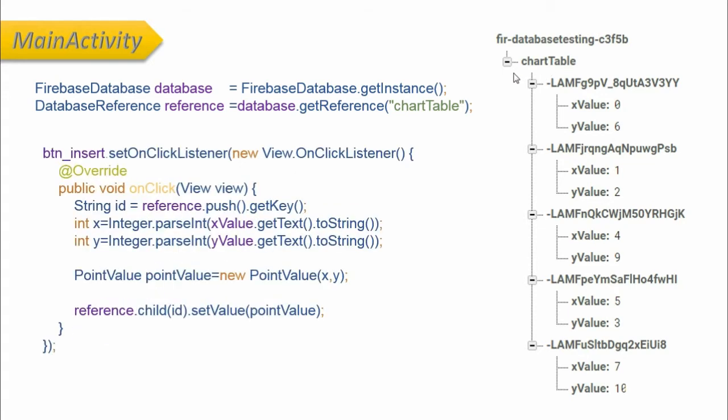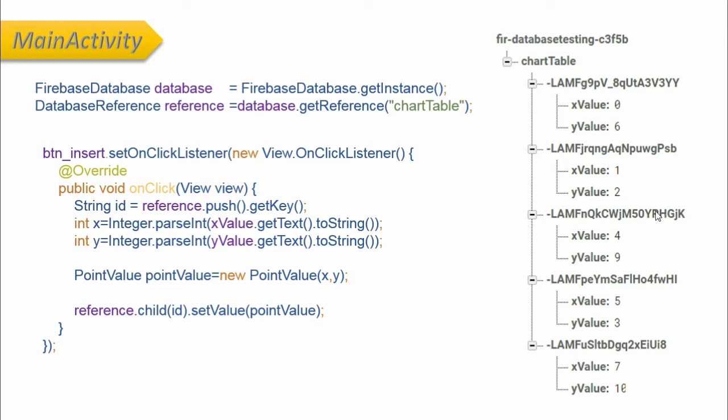Now, buttonInsert.setOnClickListener, in which first we will create a string, that is id, and this id we will create using reference.push().getKey. So this will generate a random id that you can see here, this and this.